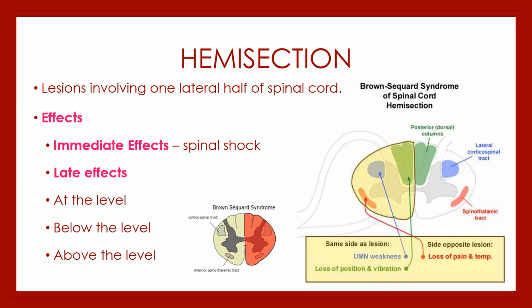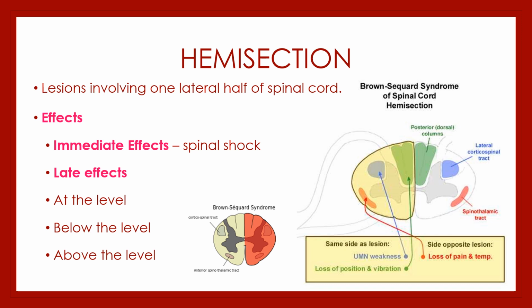Hemisection of the spinal cord. It is the lesion involving one lateral half of the spinal cord. The onset here is slow and symptoms appear gradually.